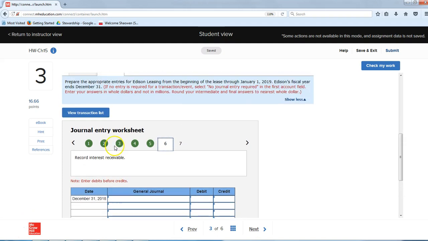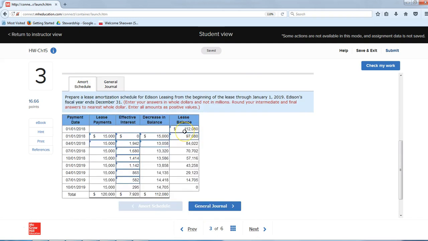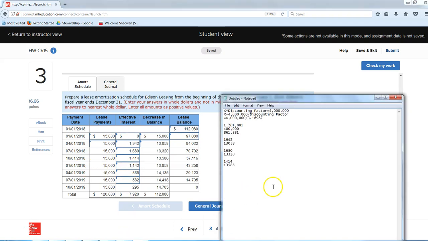December 31st, 2018. Let's go back to the schedule again. December 31st, 2018 is the balance on January 1st, 2019. So the interest is 1,142 and lease receivable is 13,858. But be careful. At the end of 2018, it's the date of preparing financial statements.